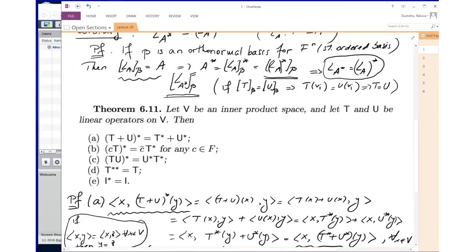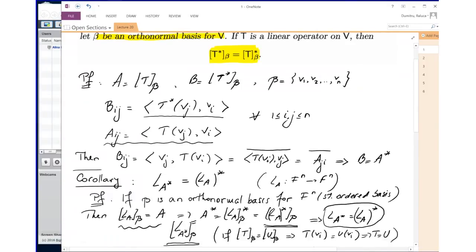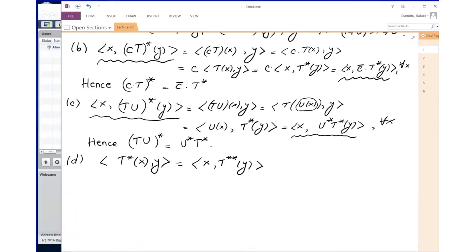However, if I go back up here, when we said that the adjoint from the first can actually be moved into the second as T, this is the same as the inner product between x and T of y.